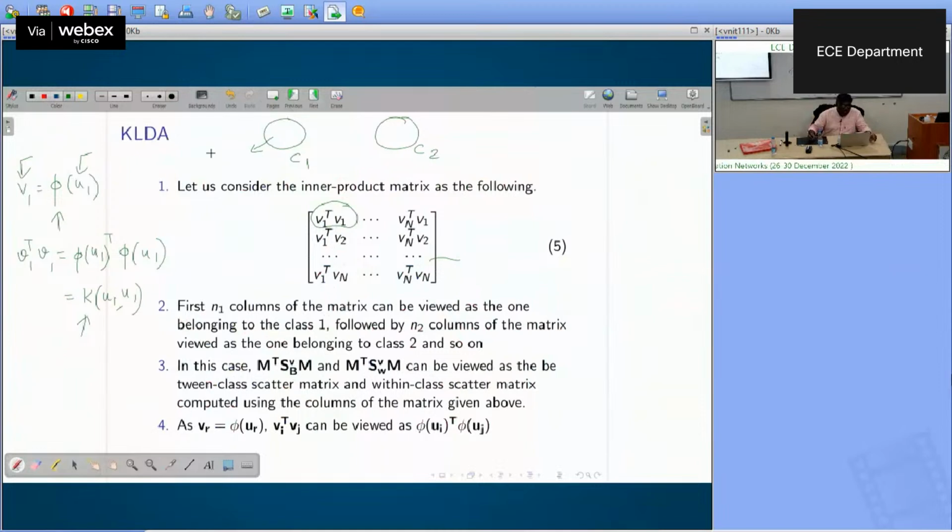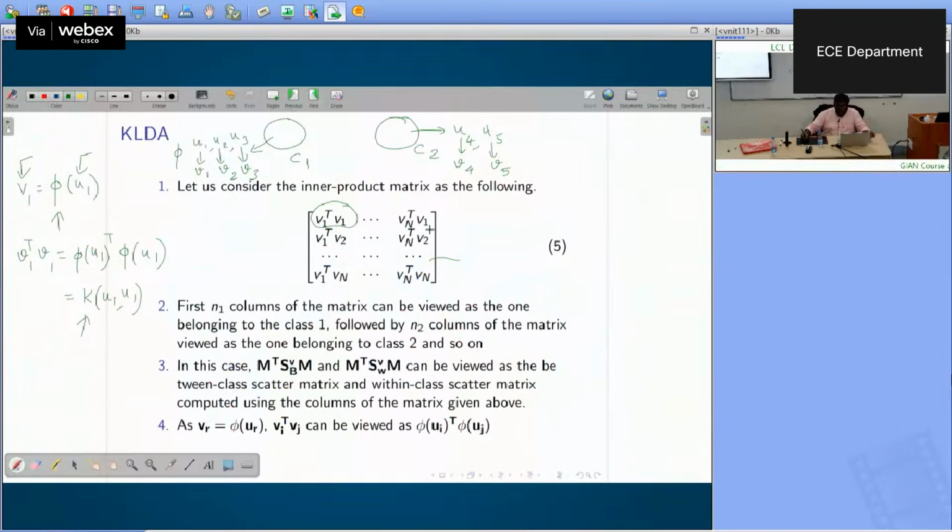Here you have the vectors u1, u2, u3 alone, and for the other class let us consider just u4 and u5, just two vectors for understanding purposes. These vectors we have converted into the higher dimension. So u1 becomes v1, u2 becomes v2, u3 becomes v3 using the function phi. u4 converts to v4, and u5 converts to v5.